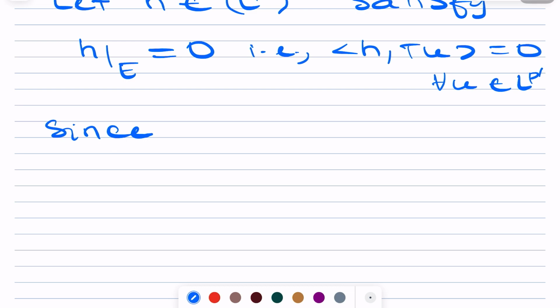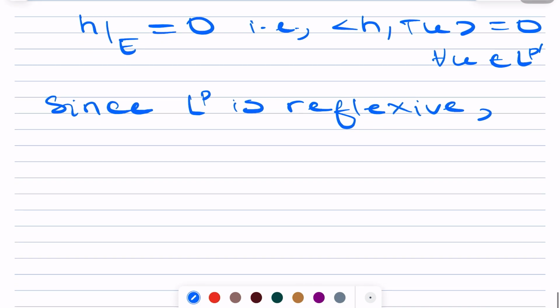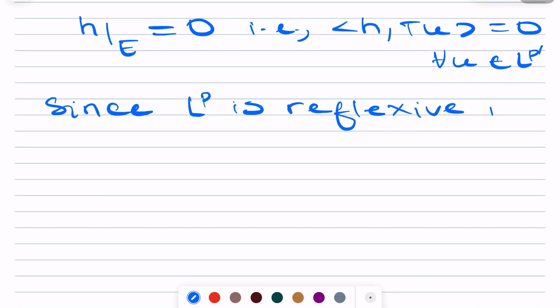Since LP is reflexive, we basically identify the bidual with LP.